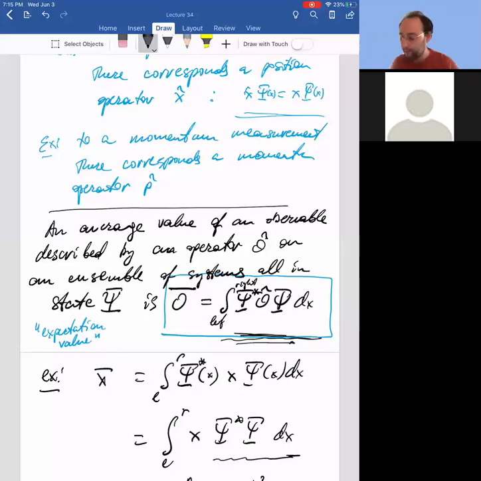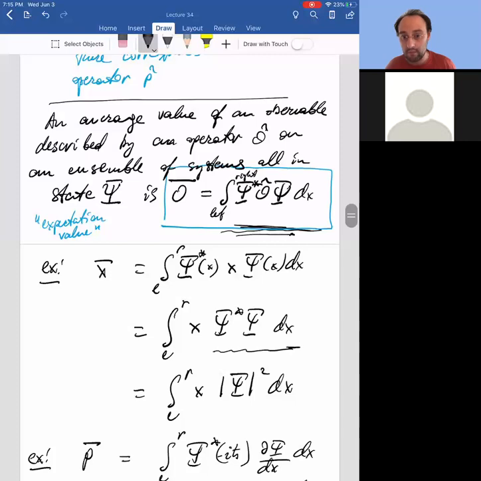For example, let's say I have a wave function, big psi. I perform position measurements. I want to find the expectation value of position. Here's my sandwich: psi star times the operator x, which just multiplies the thing by x, times the psi.